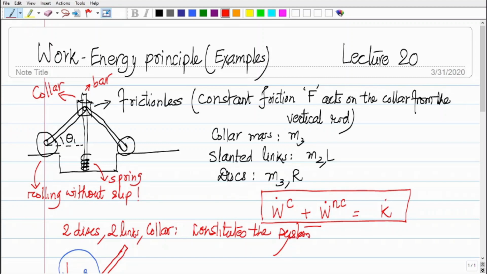And you can see there is a relative motion between the collar and the bar. So the point of application of the action and the reaction, they are not undergoing the same displacement. Therefore, the work done by friction force here is not zero.